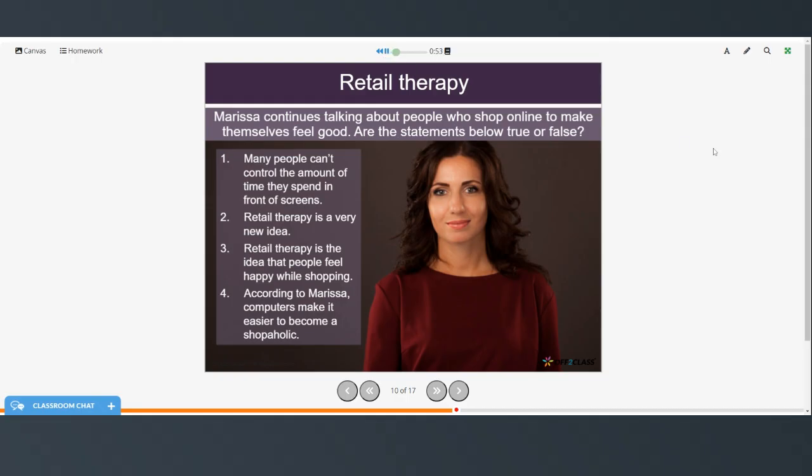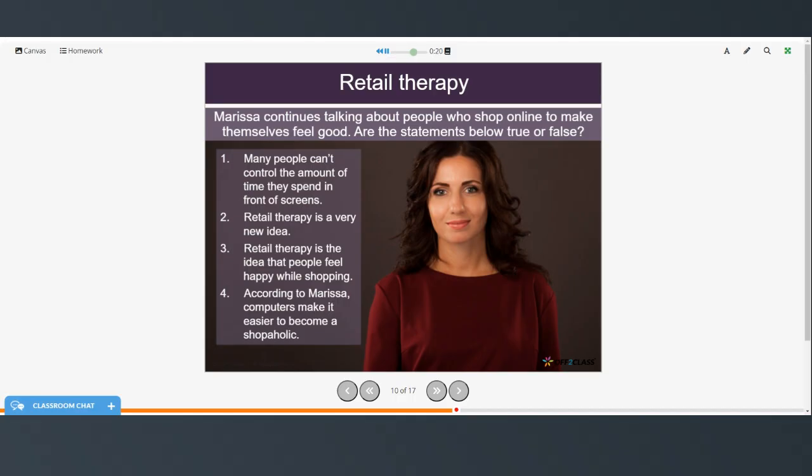How many hours a day do you spend looking at a computer, a phone, or a TV? These days, many of us find it difficult to control our screen time, and more people are shopping online. The idea of retail therapy is nothing new. Retail therapy refers to the way in which people go shopping to make them feel more cheerful or less stressed, and it has been around for years.